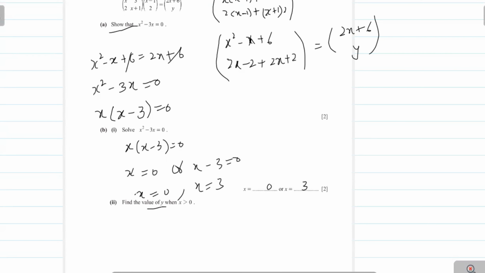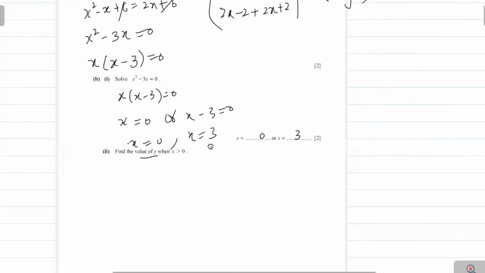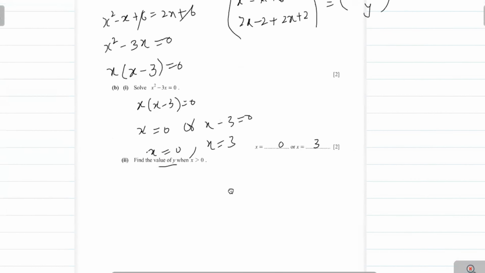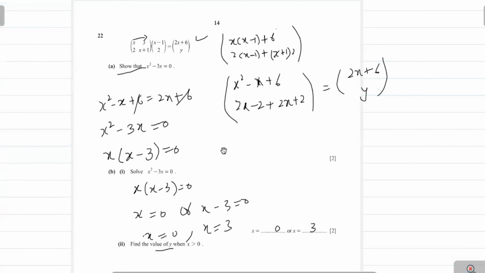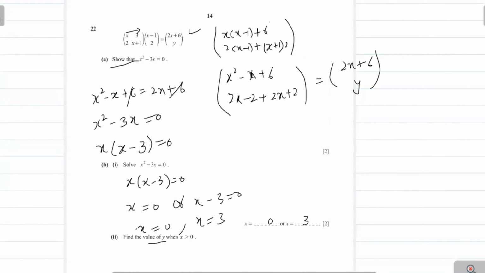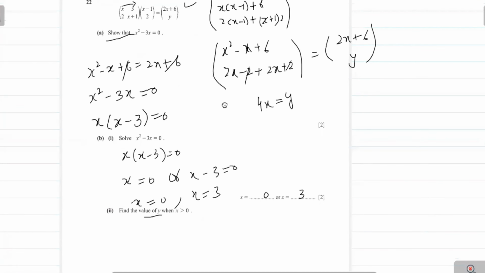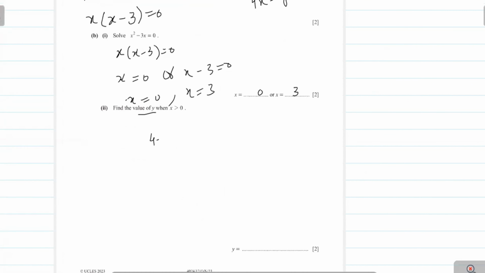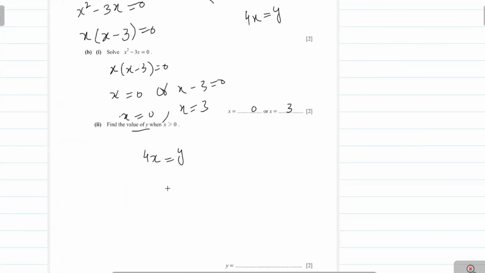Next is find the value of y when x is greater than 0. Now you see here the value of y here is 2x, 2 cancel 4x. So y equal to 4x. Therefore, we can write here 4x equal to y.